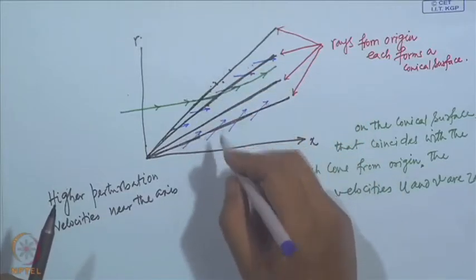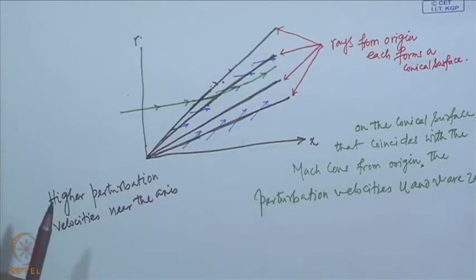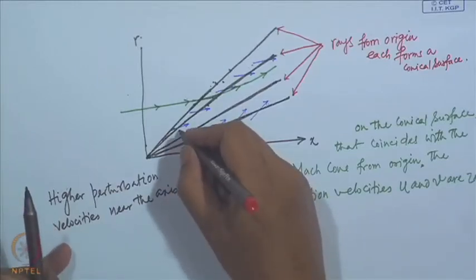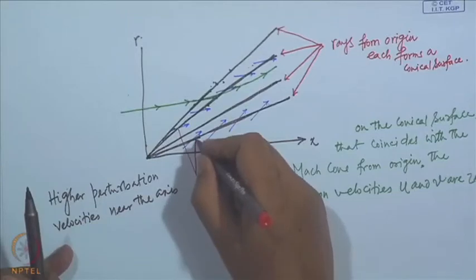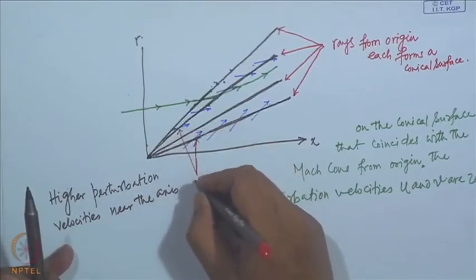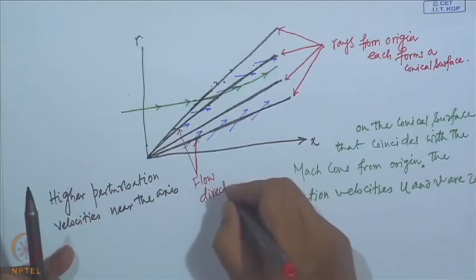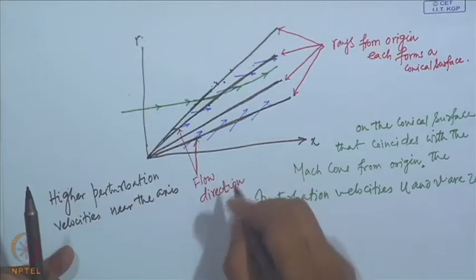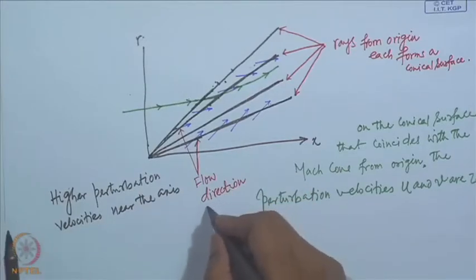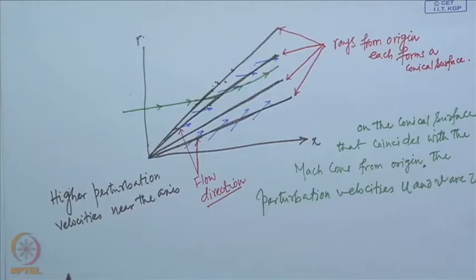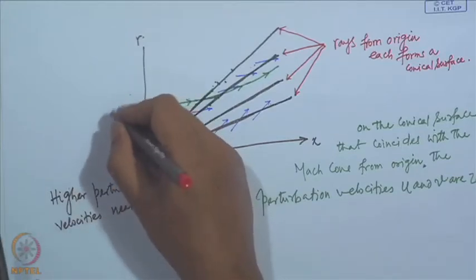So, these are the flow direction. This is one streamline.